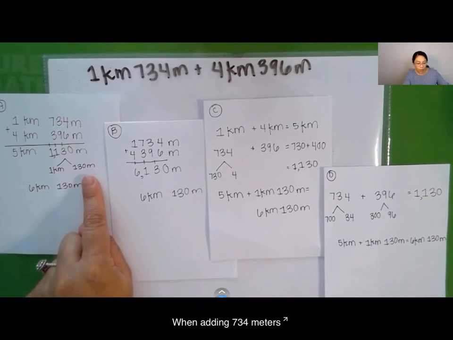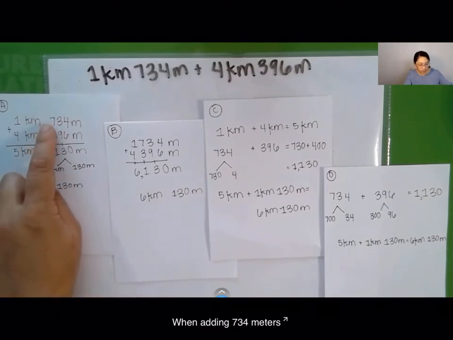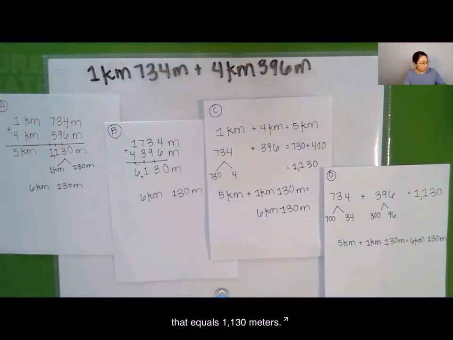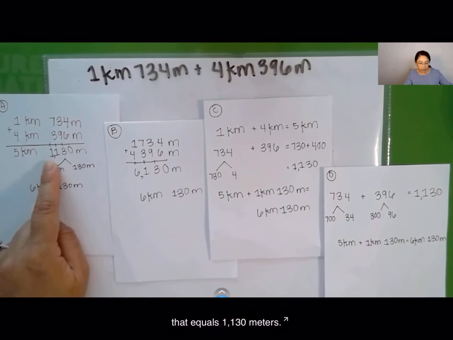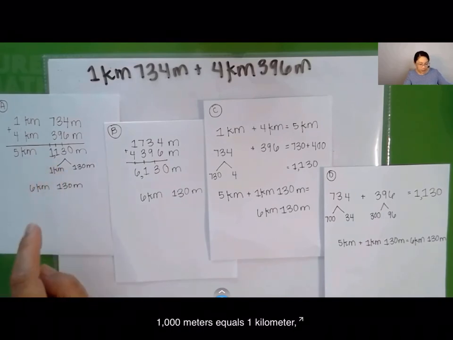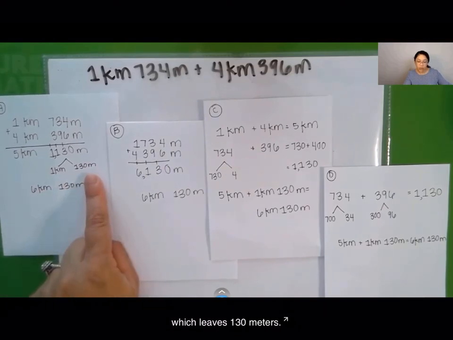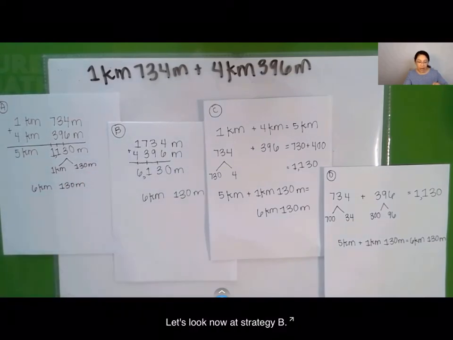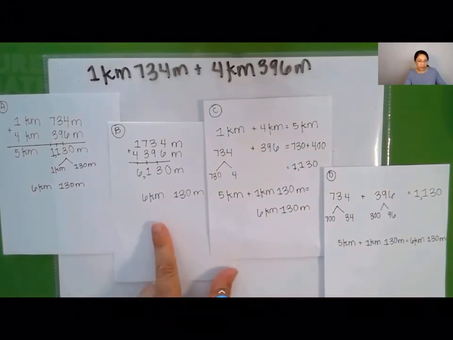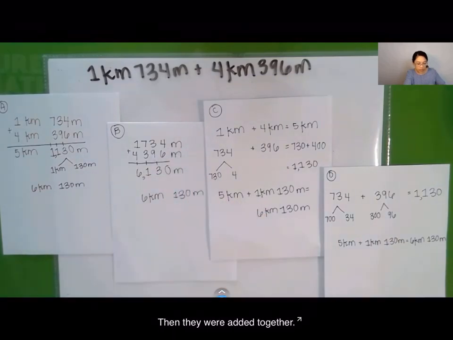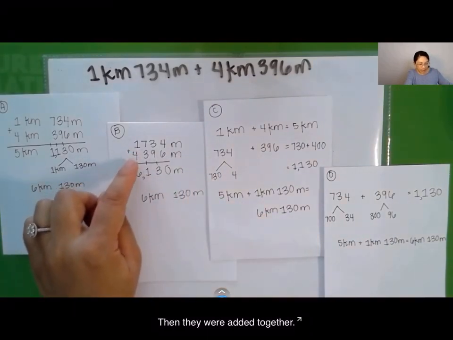When adding 734 meters plus 396 meters, that equals 1,130 meters. 1,000 meters equals 1 kilometer, which leaves 130 meters. Let's look now at strategy B. Here we can see that the mixed units were converted to like units, which is meters.